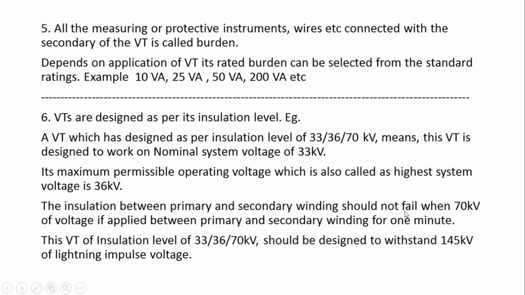The insulation between primary and secondary winding should not fail when 70 kV is applied between primary and secondary winding for 1 minute. This VT of insulation level 33 by 36 by 70 kV should be designed to withstand 145 kV of lightning impulse voltage.